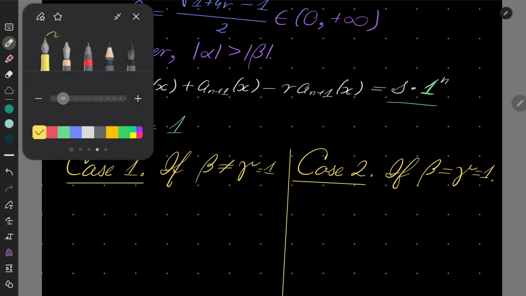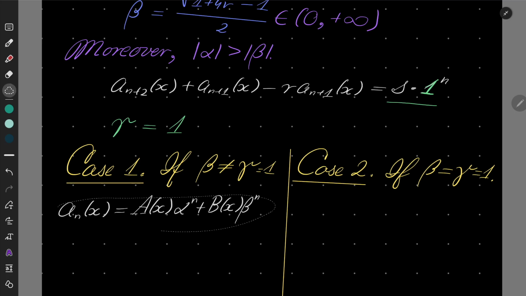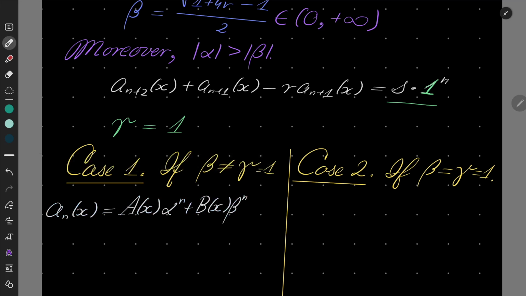In the first case, the general theorem about solving these types of recursions says that a_n(x) equals a(x) times alpha to the power of n plus b(x) times beta to the power of n plus c(x) times 1 to the power of n, but 1 to the power of n is just 1.